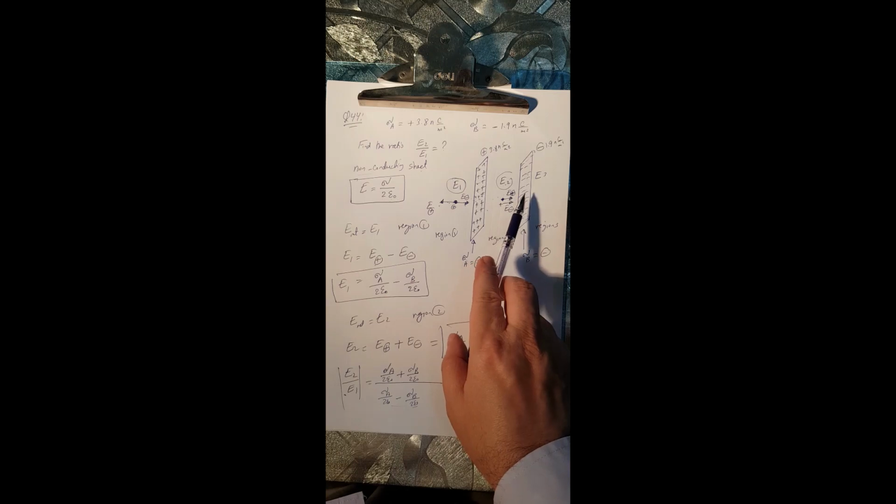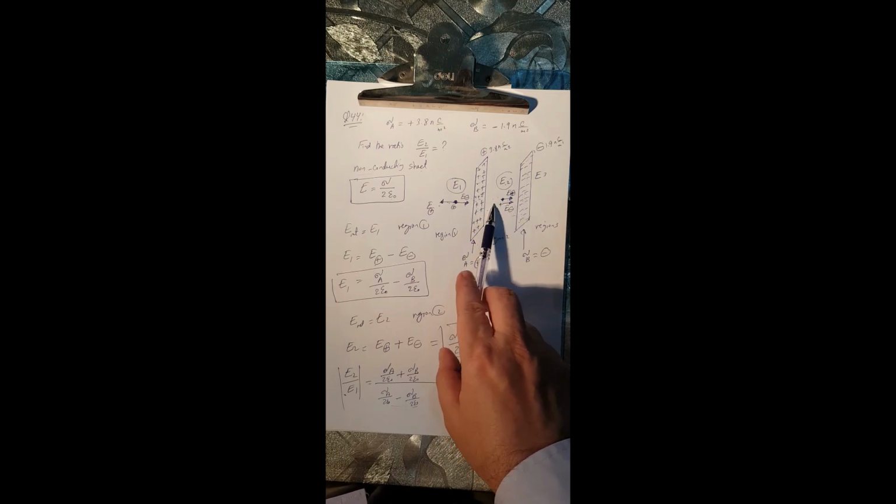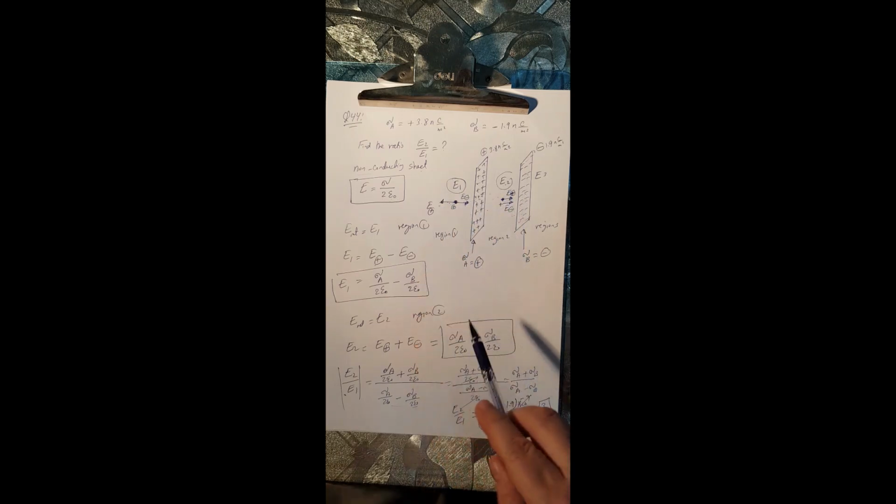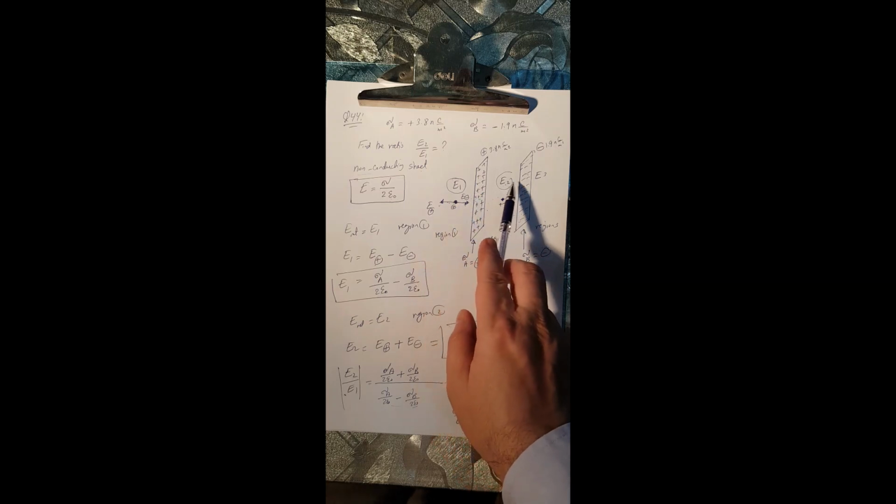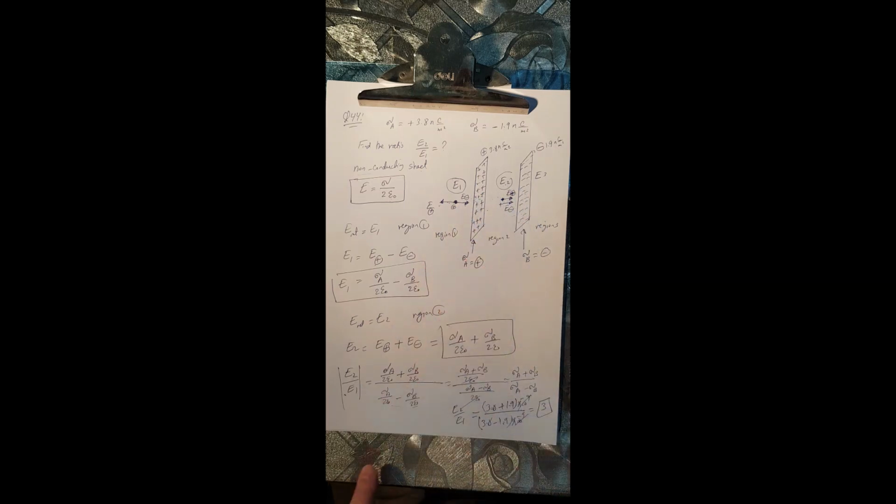Here they both have the same direction. You add them, here subtract them, and the total here divided by the total here gives you a ratio of 3. Good. Now we'll do question 45, practice problems of chapter 21, electric field.